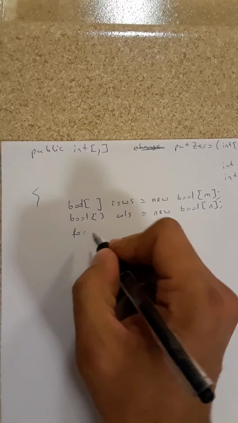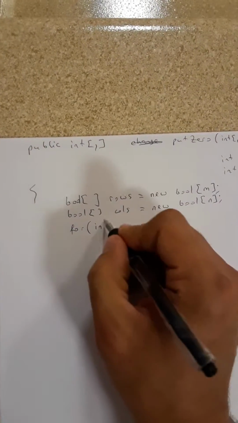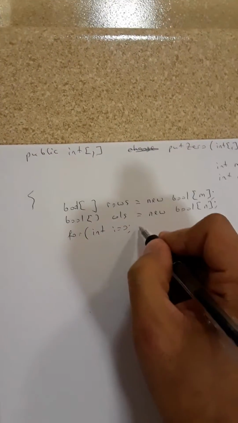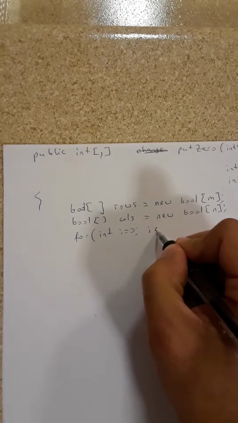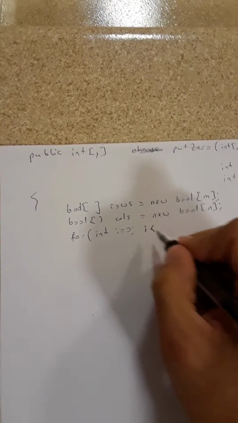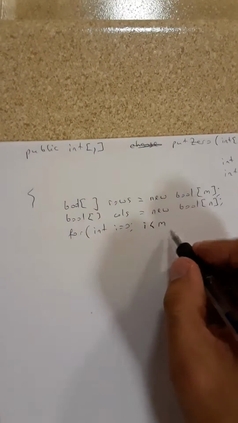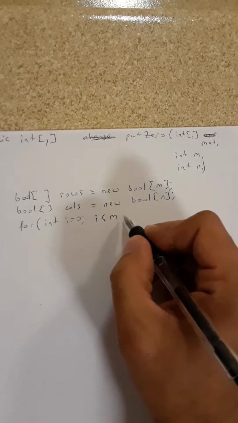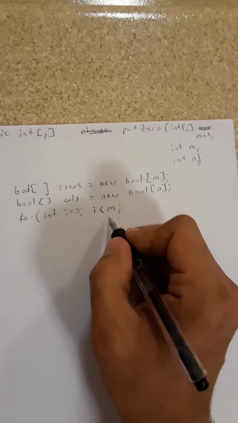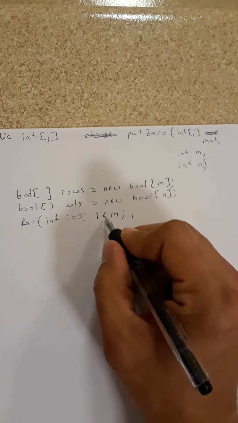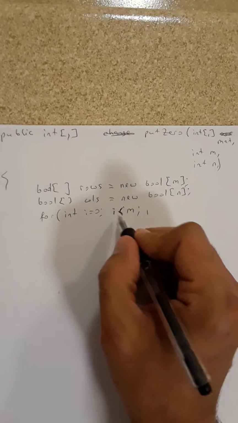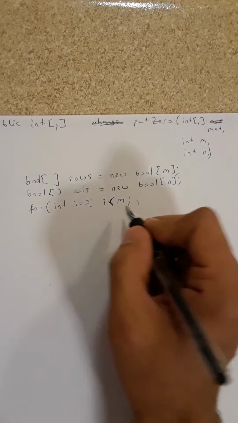First of all, I will run a for loop through all the rows in the matrix, incrementing i until it reaches the number of rows.